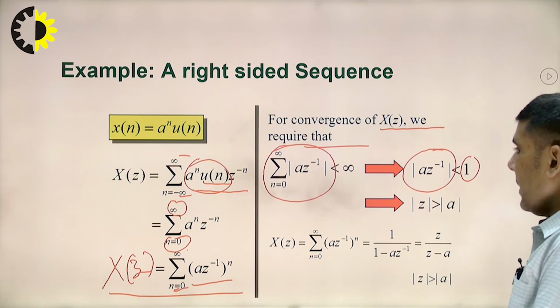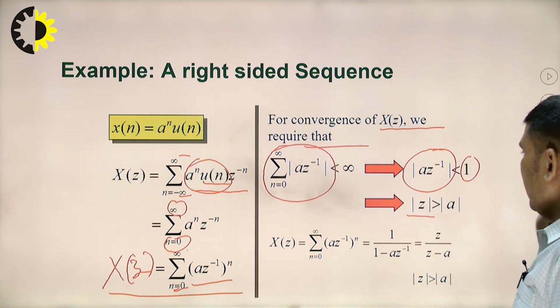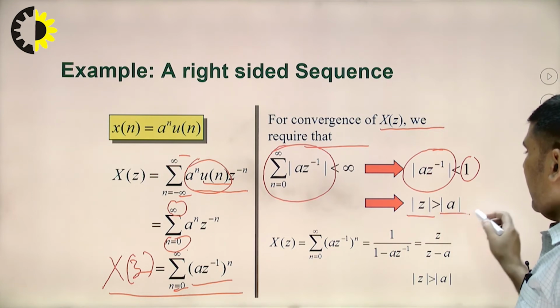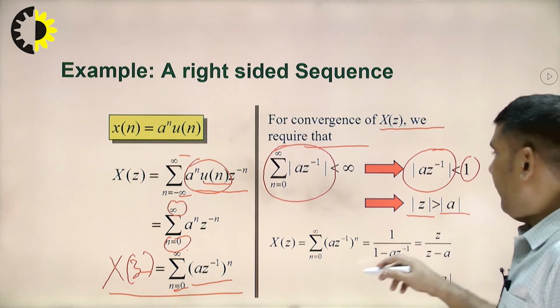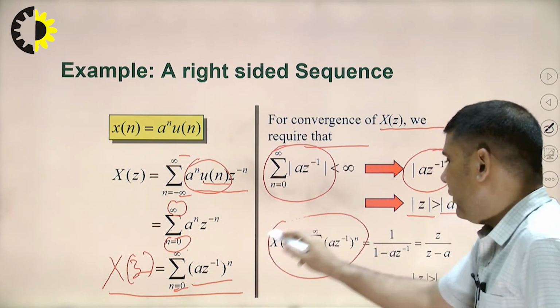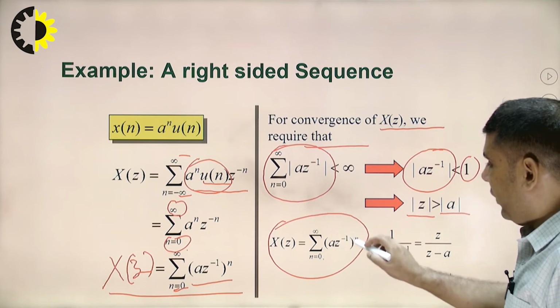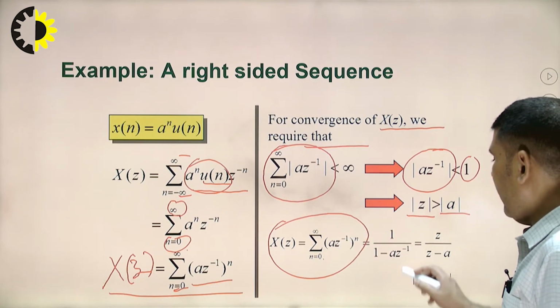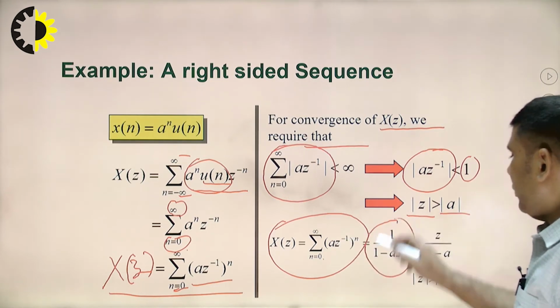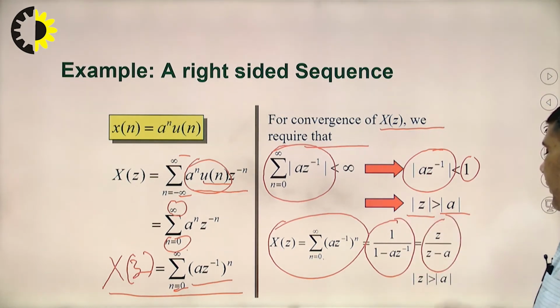So |z| must be greater than |a|, and X(z) is given by the summation from n equals 0 to infinity of (a z^(-1))^n. The z-transform comes out to be 1 over 1 minus a z^(-1), or z over z minus a.